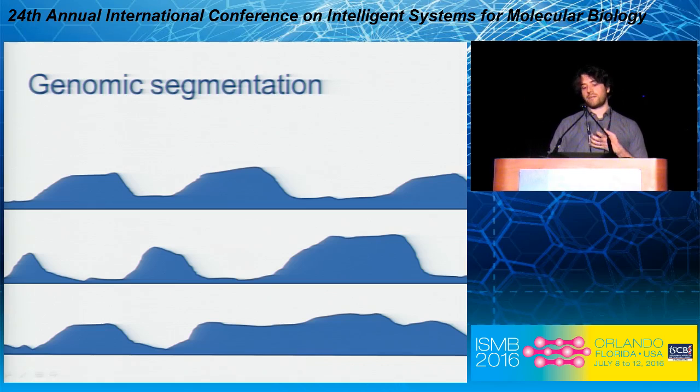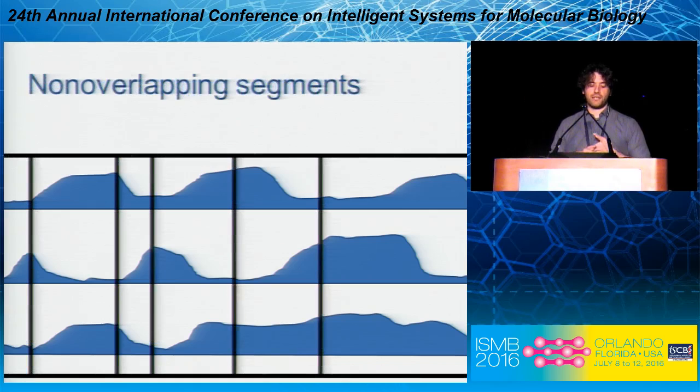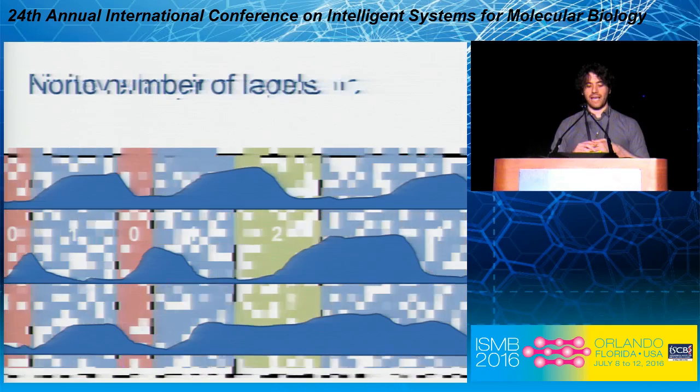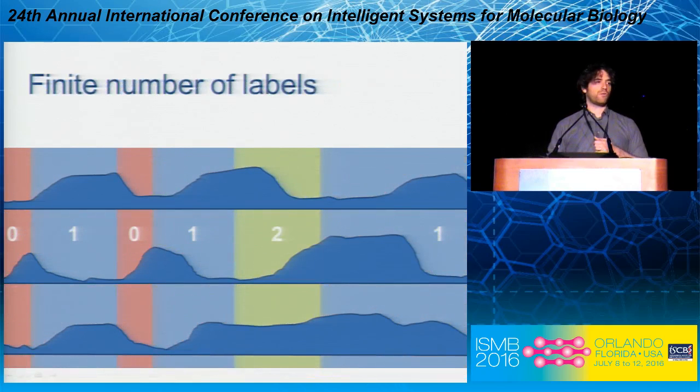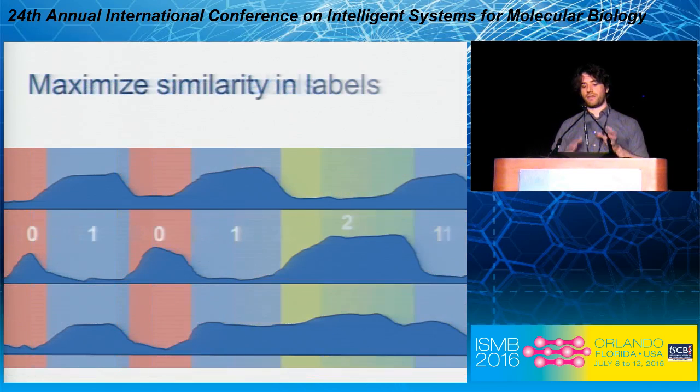So in the genomic segmentation task, we partition the genome into a number of non-overlapping segments, and then we give each segment a label from a finite set, and we change the locations of the segments and change the identities of the labels to maximize the similarities between segments with the same label.